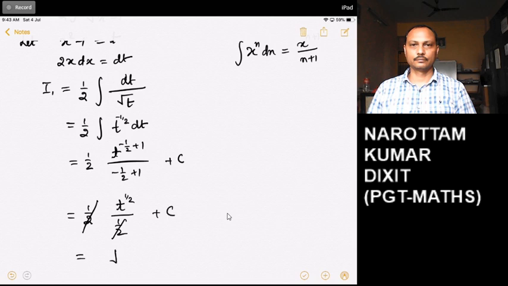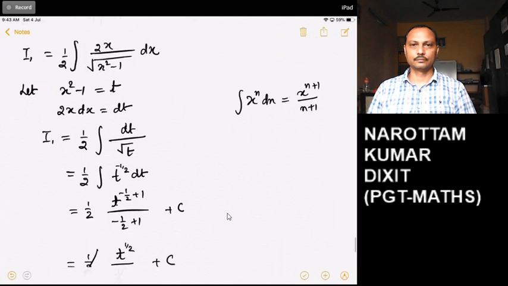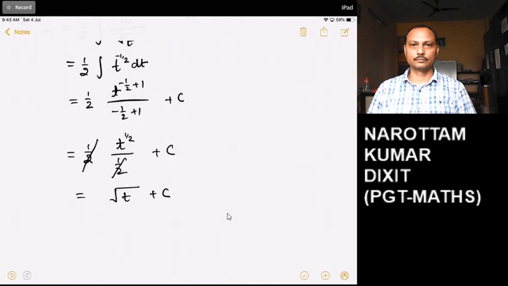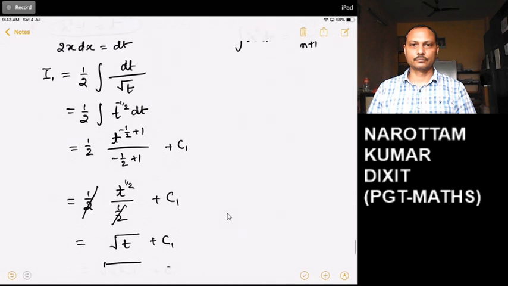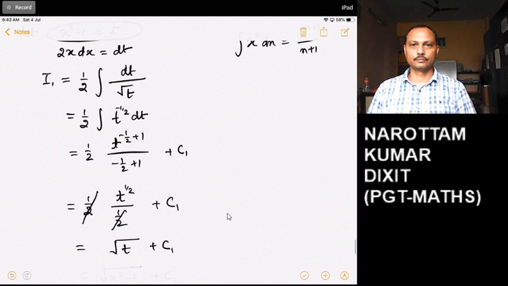So we get the square root of t plus c. Now replace the value of t in terms of x. So t was equals to x square minus 1, so we get the square root of x square minus 1 plus c. Or we can write the constant of integration as c1, because there are two different parts of the integration, I1 and I2. Finally, we will combine c1 and c2. So this is I1.